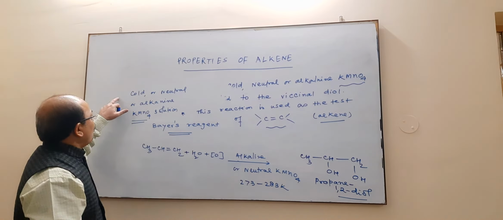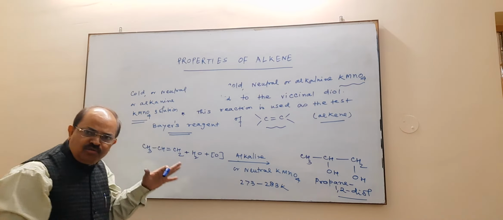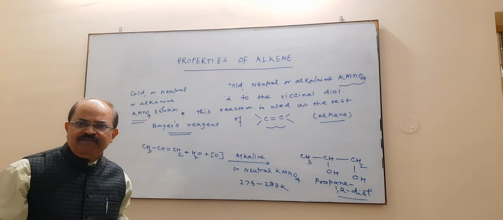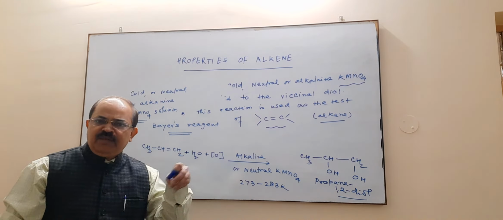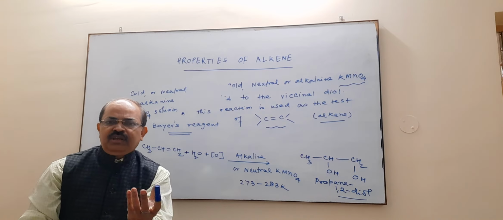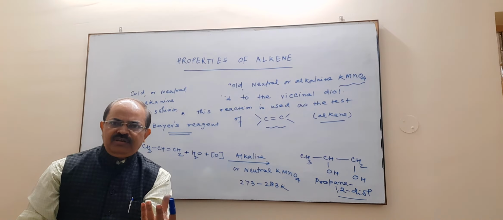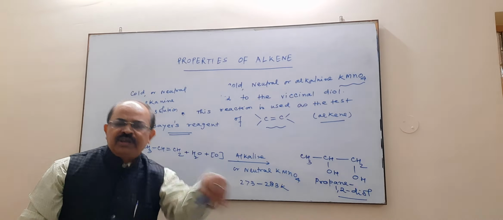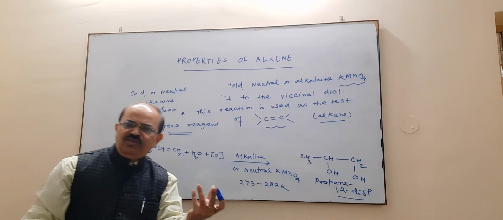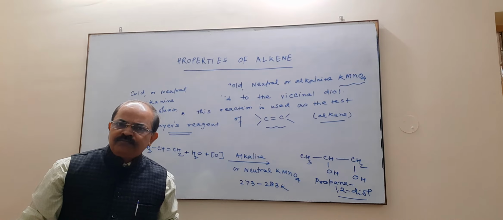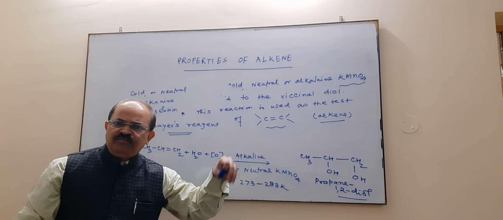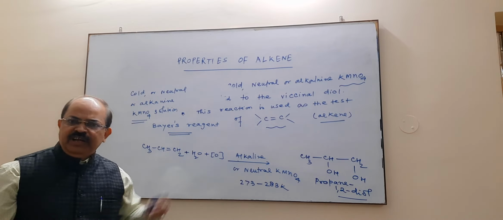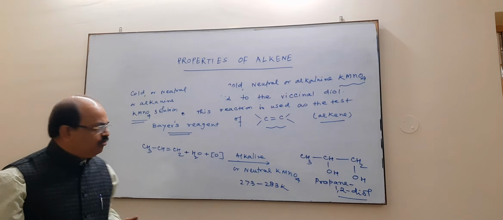ये जो आपका कोल्ड, न्यूट्रल, अल्कलाइन, एक्वस KMnO4 है, एक्वस मीन्स KMnO4 dissolved in water. You take a beaker, एक बीकर ले लीजिए, उसमें थोड़ा वाटर ले लीजिए, and then you dissolve KMnO4. कंडीशन कोल्ड ले लीजिए, and you add some alkaline medium, hydroxide ion, then it will be alkaline KMnO4.